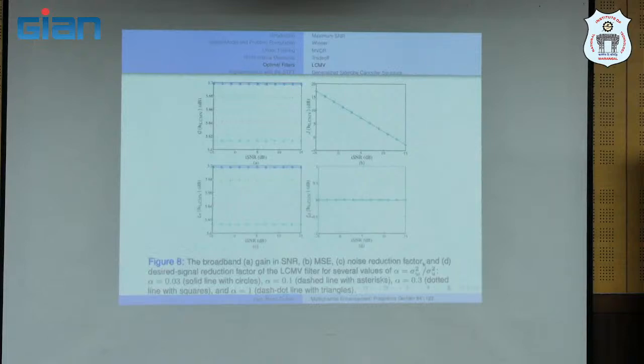But still, it might be better than the MVDR, because we don't care only about the amount of noise reduction. We care about the characteristic. So sometimes low power noise makes a big difference. We don't want it at the output, and then we will use LCMV instead of MVDR.